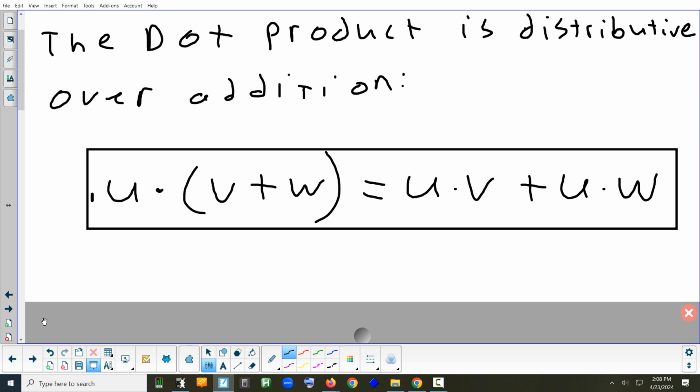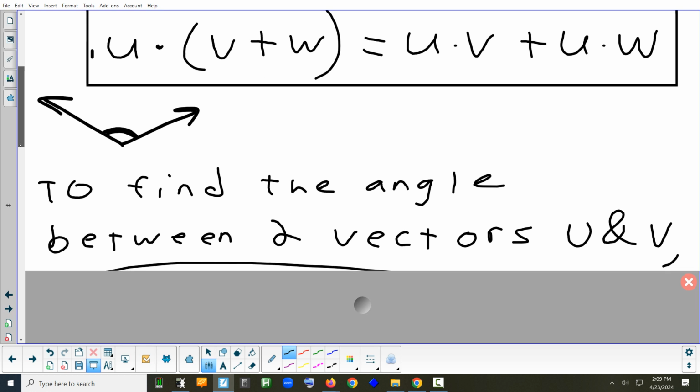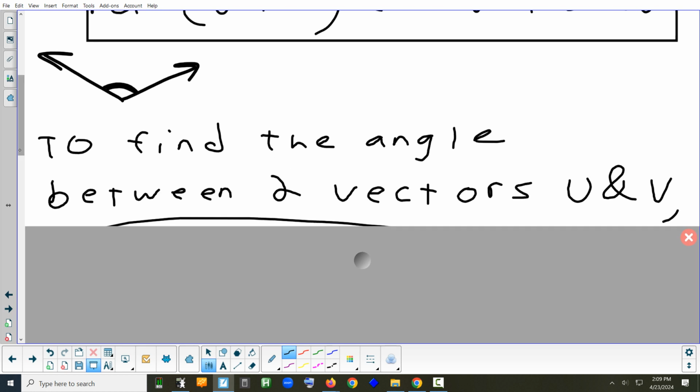So the last thing we're going to do is find the angle between two vectors. That's the application of dot products, finding an angle. When I talk about finding an angle, I mean if you had a vector like this and a vector like that, I'm talking about the angle between the two vectors.